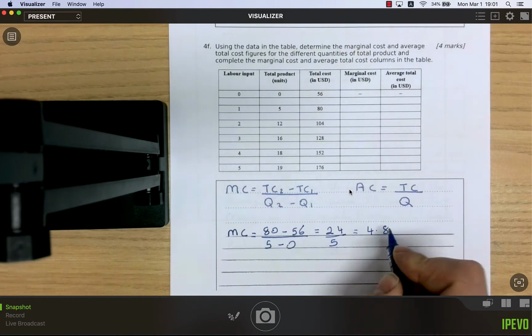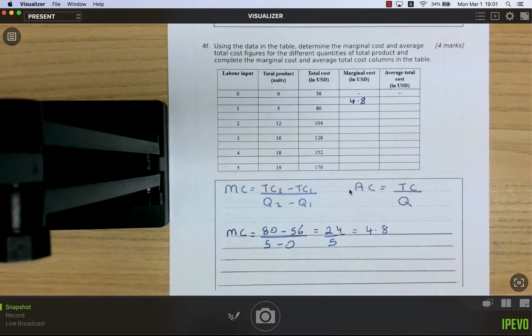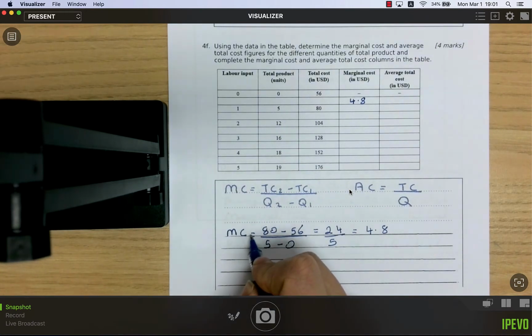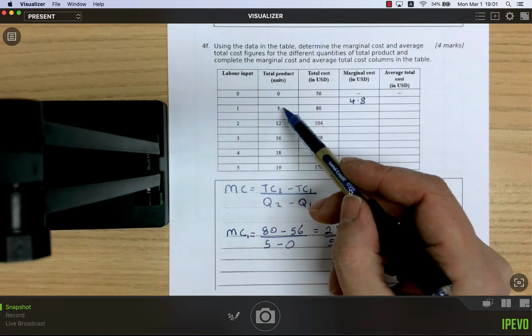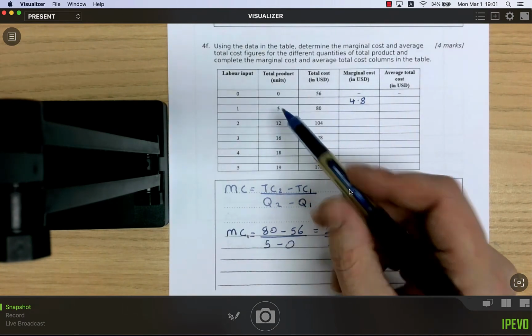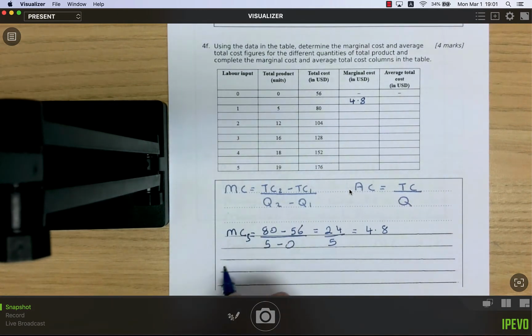Because it's marginal, I'm going to put 4.8 there. That's the marginal cost. I'm writing marginal cost 1, but I don't mean the marginal cost of one unit. What we really should be writing is marginal cost 5, because that's the marginal cost of the 5th unit, and flip it, I will.